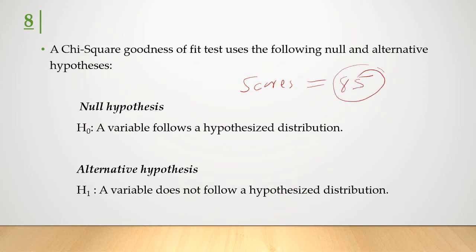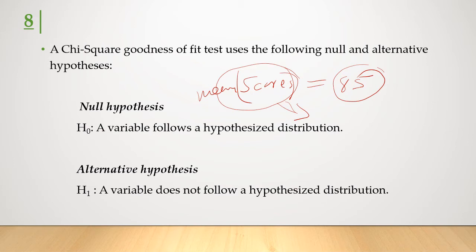This is hypothesized, and the mean of the scores is coming from your data set. You want to see whether the mean that we are getting from the data set is statistically equal to the hypothesized value of 85.